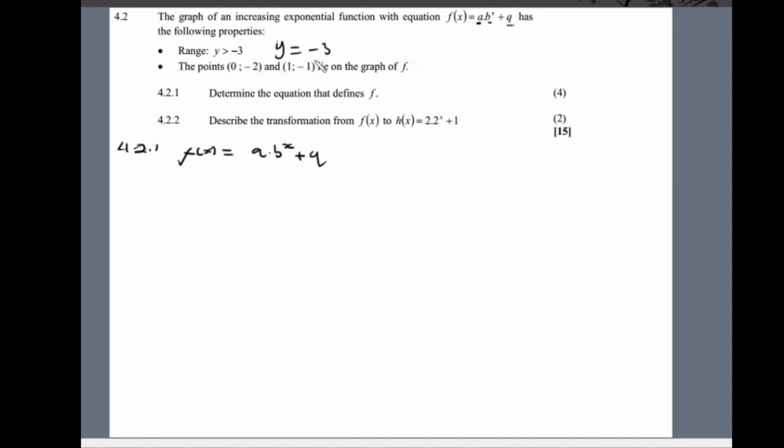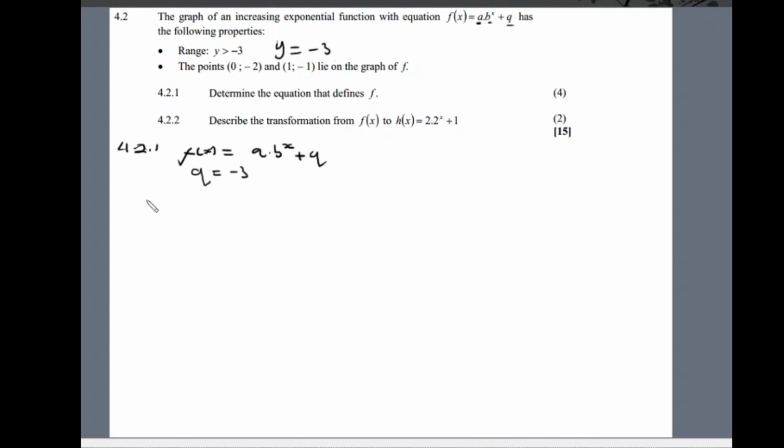Now this equation of the asymptote will also tell us about the value of q, right? Remember when we started, we said the value of q also determines the asymptote for an exponential function, right? So knowing that the equation of the asymptote is y equals to -3, I know the value of q is -3.